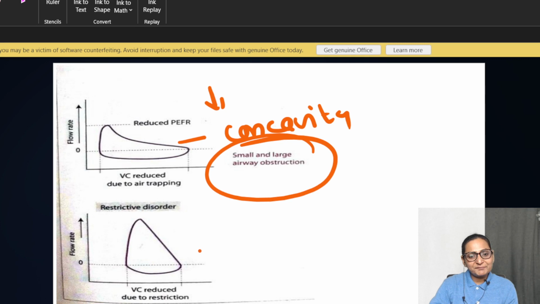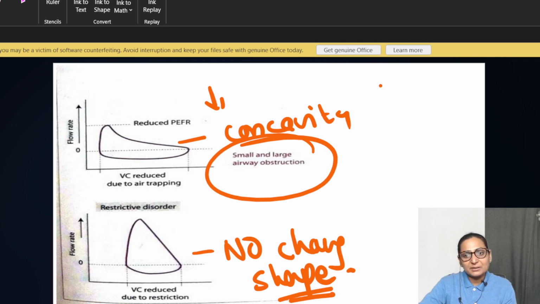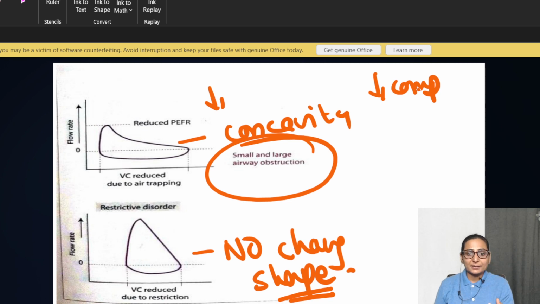In restrictive lung disease, there is going to be no change in the shape, there is just a decrease in the height. Obviously the height will be less, because in restrictive lung disease there is a decrease in compliance. That means the volume of air which can be taken in by the subject is less.